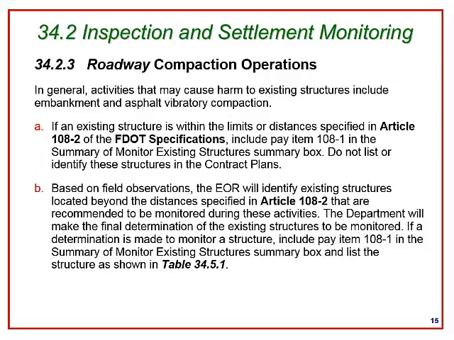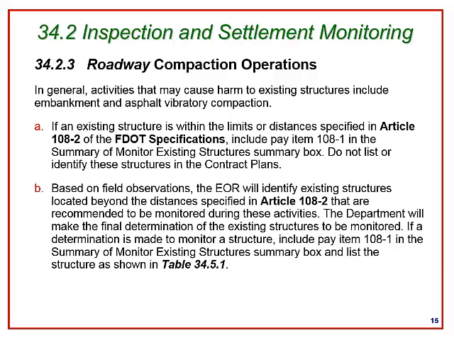The third type of construction activity for inspection and settlement monitoring is the compaction operations. This type of activity contains prescribed limits of 75 feet in the specification. The contractor automatically must monitor structures that are within the 75 feet of all compaction operations.